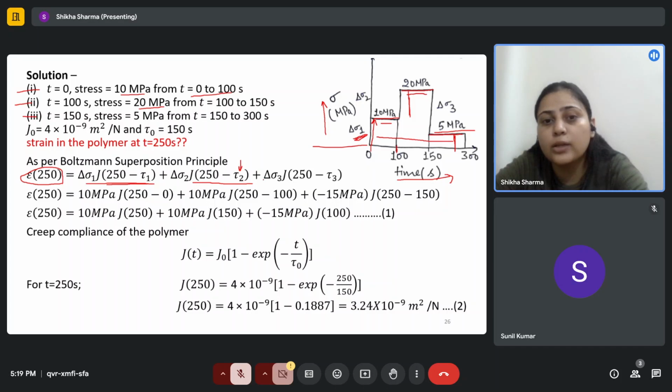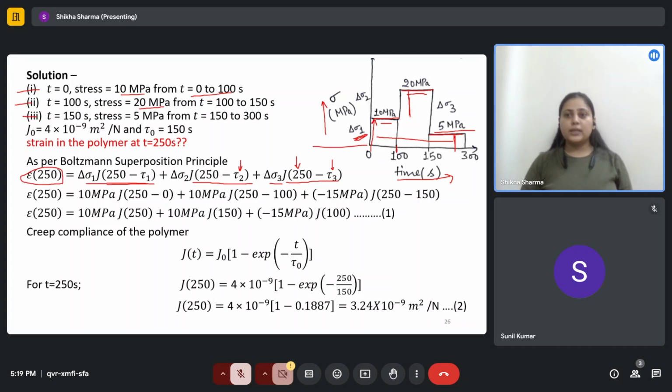Then delta sigma 3, which is the 5 megapascal last stress, multiplied by creep compliance at 250, because at 250 seconds is the time we need to calculate. So 250 minus tau 3, which is 150, because the 5 megapascal stress comes into the picture from t equals 150 to 300 seconds. So the base value is 150. From 150 it is calculated.